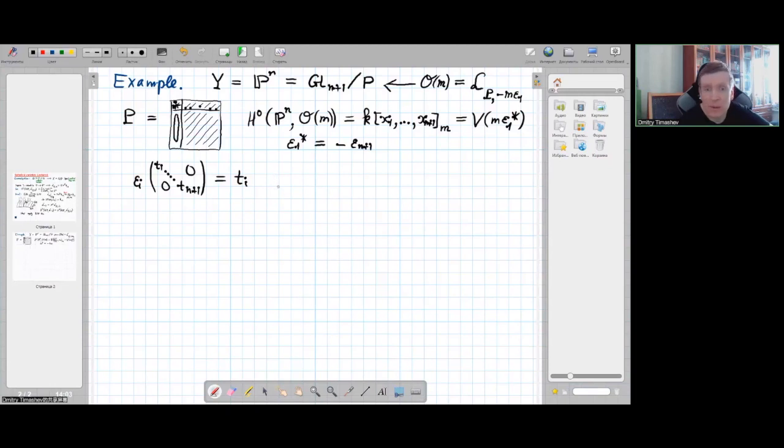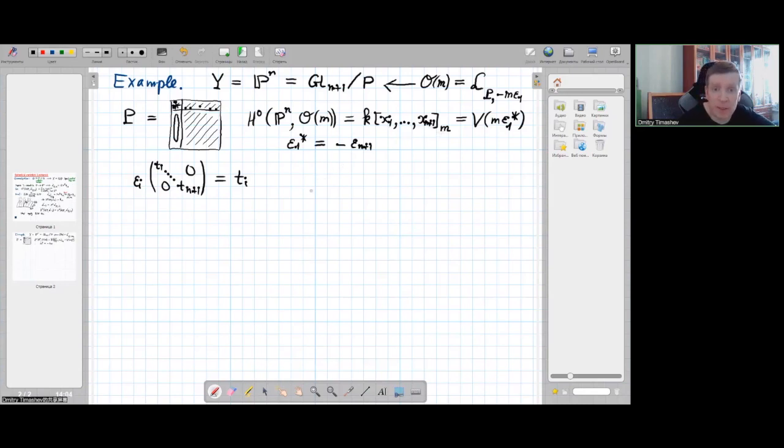I want to ask how to deduce that the dual of epsilon 1 is minus epsilon n plus 1. Well, actually, in this case, it is easy because what is the dual of the space of homogeneous polynomials in coordinates on a vector space? It is just the symmetric power of this vector space, the mth symmetric power.